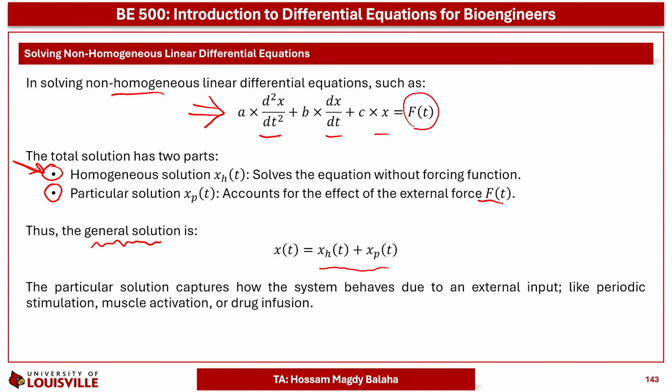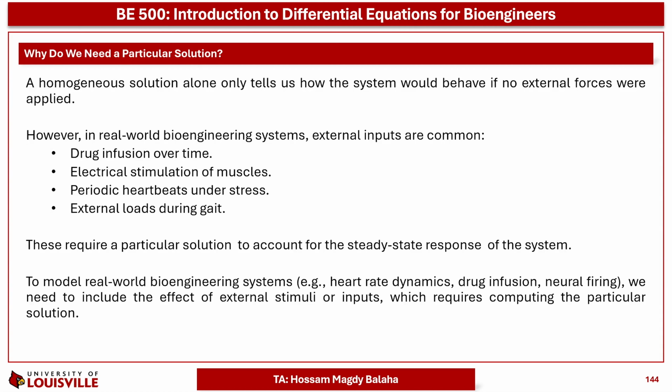Again, the particular solution captures how the system behaves due to the external force or input f of t, and the homogeneous solution alone tells you how the system behaves if there is no external force f of t. By combining both of them to find the general solution, we are studying both cases, with external force and without external force.